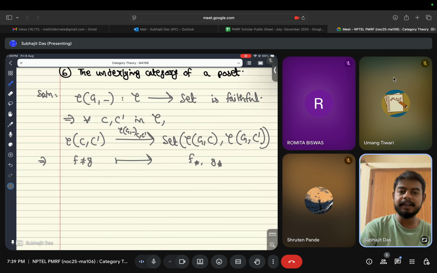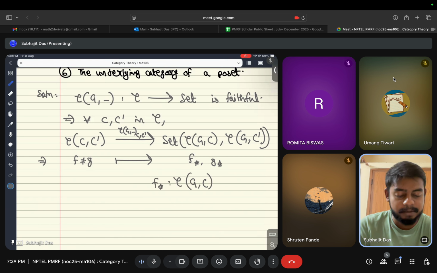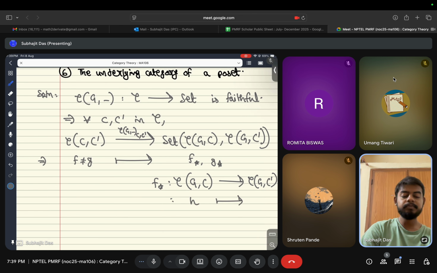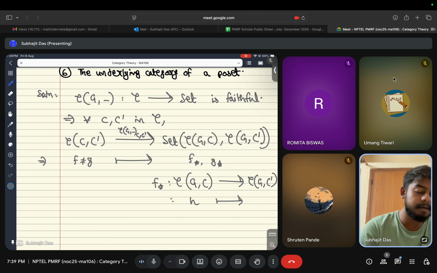How is F star defined? You have seen this. F star is a set map from C(G, C) into C(G, C prime). What does it do? It sends every arrow H from G to C to the arrow G to C to C prime, you have F. So C to C prime comes later.